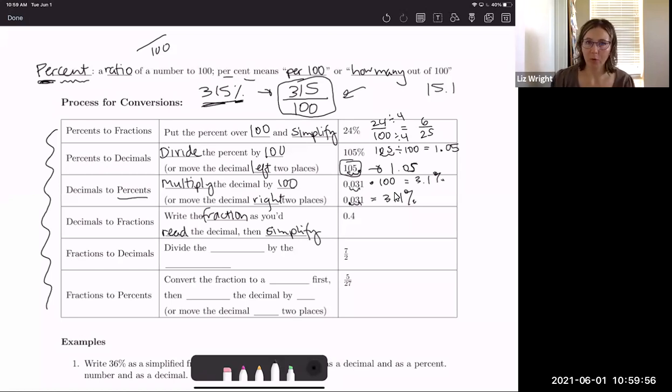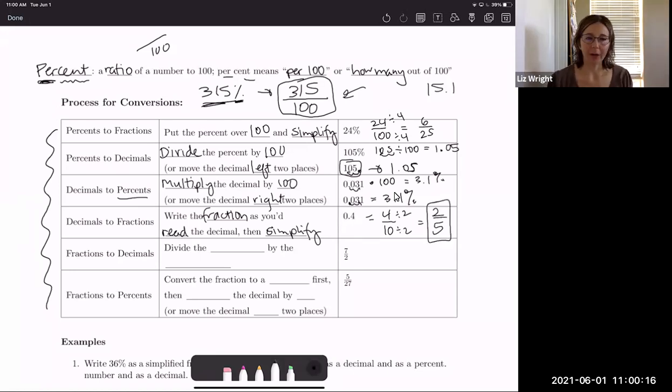So like this 0.4, what is the place value? That's 4/10. So we are going to write it exactly how we say it, 4/10, but then we need to simplify it. So let's take a 2 out of each of those, and it's going to be 2/5.